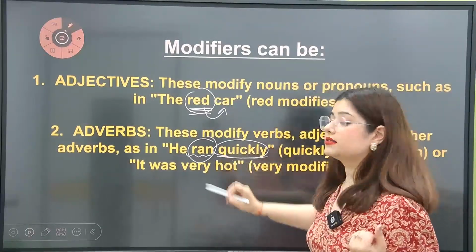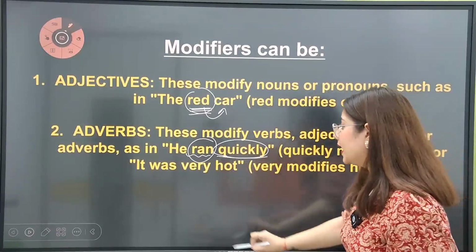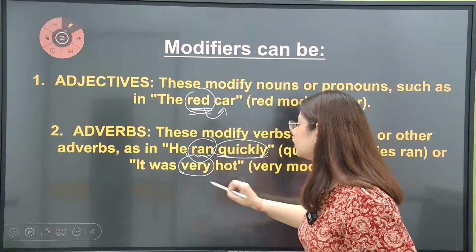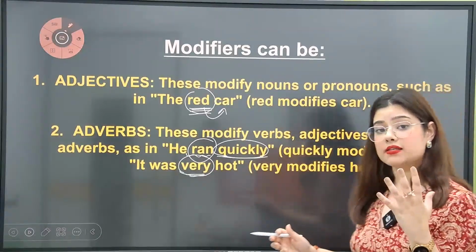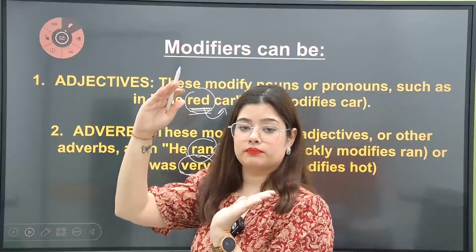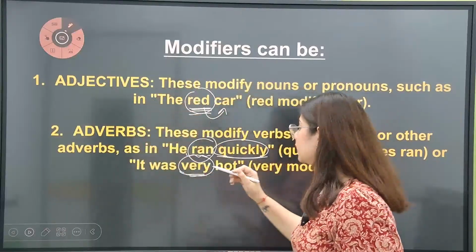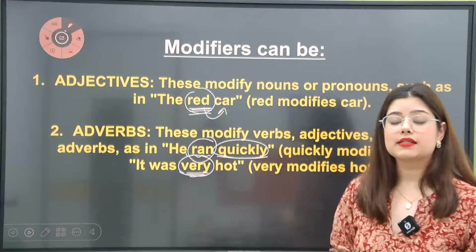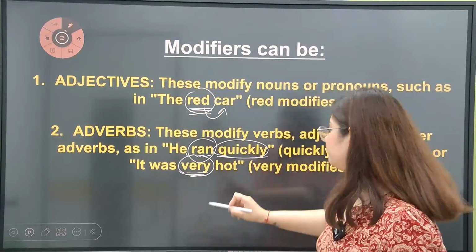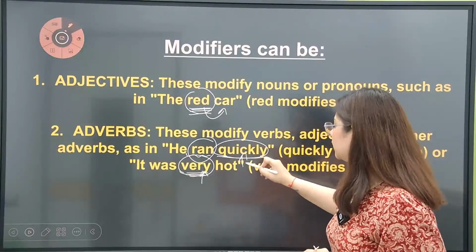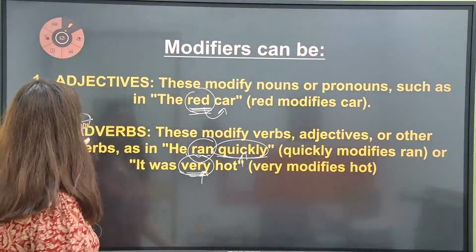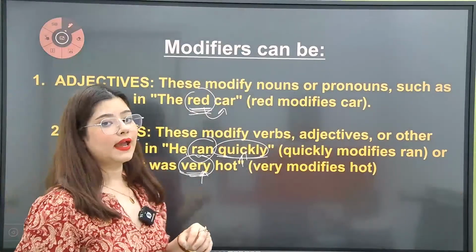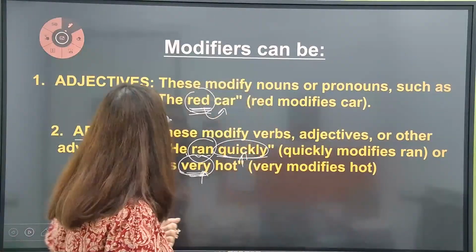It modifies a verb, right? It was very hot. Again, very here is telling us the extreme, right? So very acts as a modifier here, very quickly. Both of them are adverbs, so a modifier could be an adverb as well.